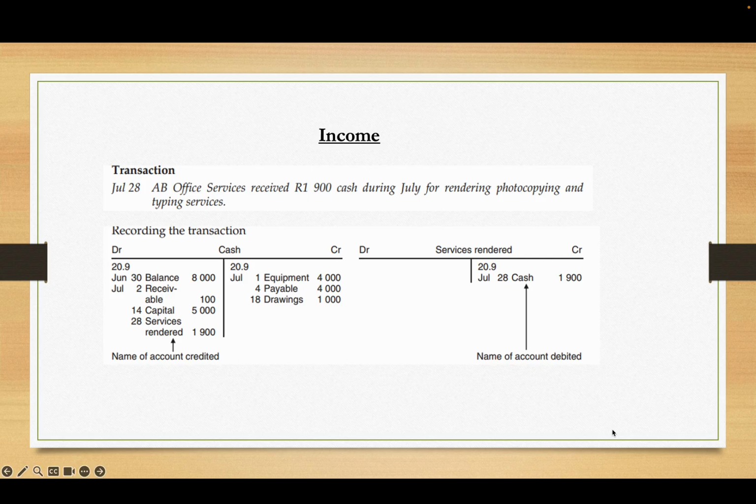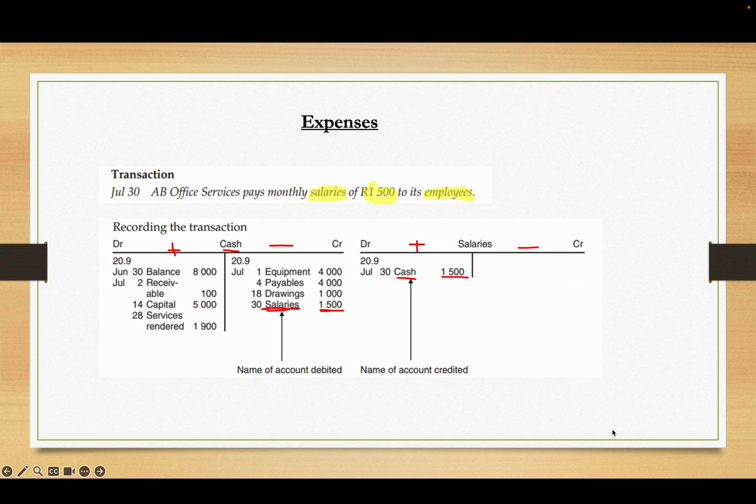Let's continue. So that's expenses, guys. Expenses are plus minus, increases on the right, decreases on the left. Assets increases on the right, decreases on the left. Plus minus, plus minus. Please, guys, when you're writing the test, remember: assets plus minus, expenses plus minus, income minus plus, capital minus plus, and liabilities also minus plus.